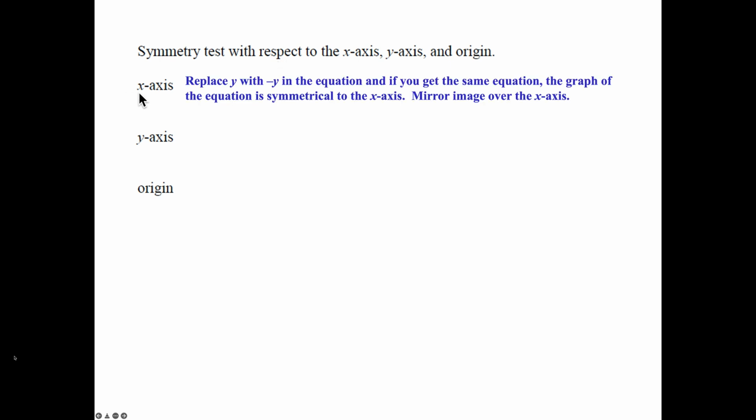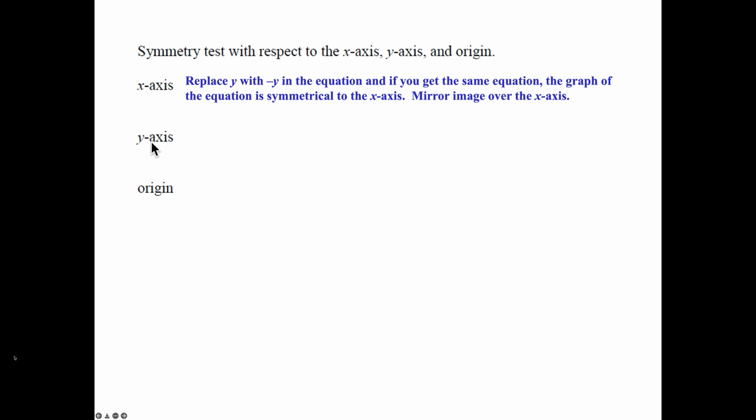To find symmetry with the x-axis, everywhere in the equation you see the variable y, you're going to replace it with negative y in parentheses in case it's squared. Then you're going to simplify the new equation, and if it comes right back to the original same equation, then that graph is symmetrical to the x-axis. It's a mirror image if you flip it over the x-axis.